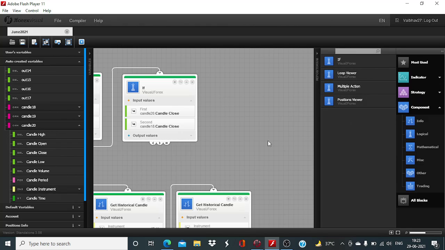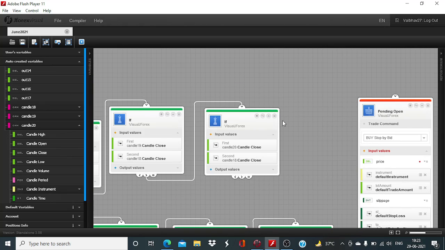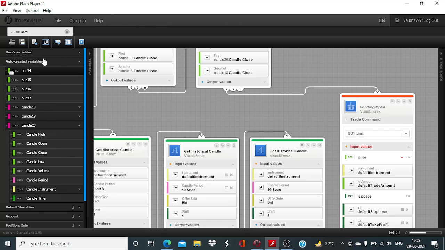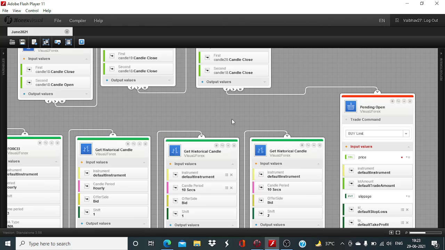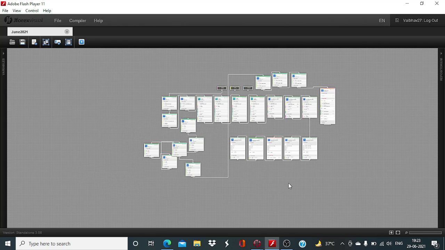And after this, the trade command block will be added, and it is going to be pending open by limit. First input less than second input. Okay. Let me first arrange these if blocks and join them to multiple action.